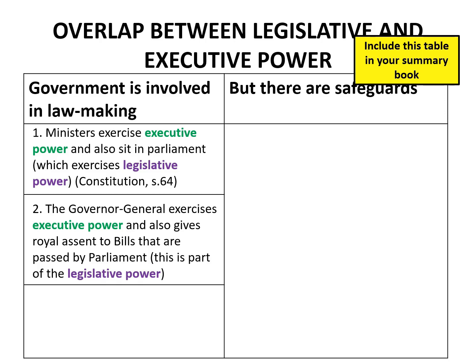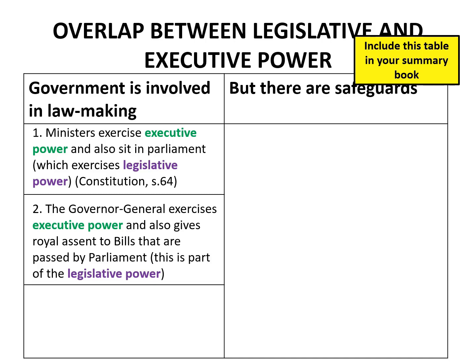And indeed, in practice, the Governor-General acts on the advice of the government in giving royal assent to a bill. That is, in practice, the Governor-General gives royal assent to a bill when the government requires the Governor-General to give that assent. So here again, we have the government, in this case the Governor-General, exercising legislative power.